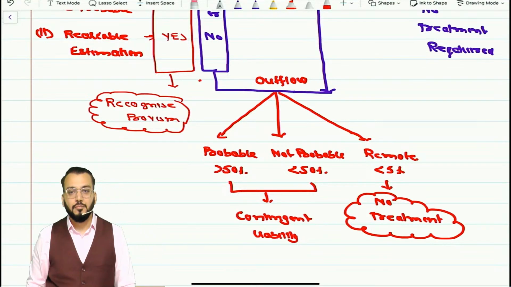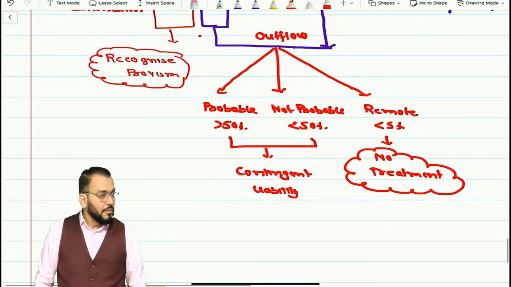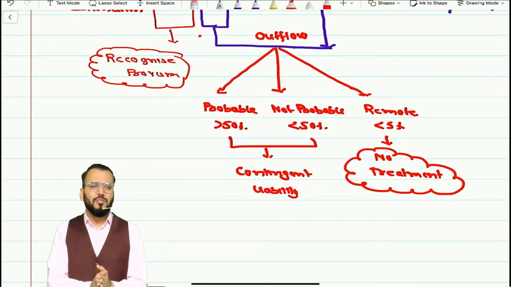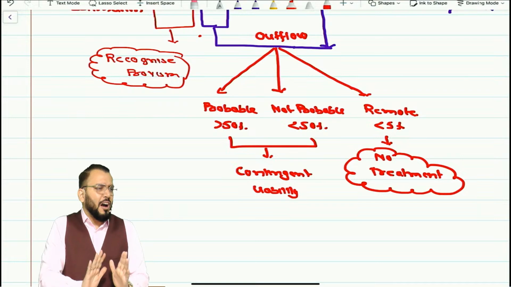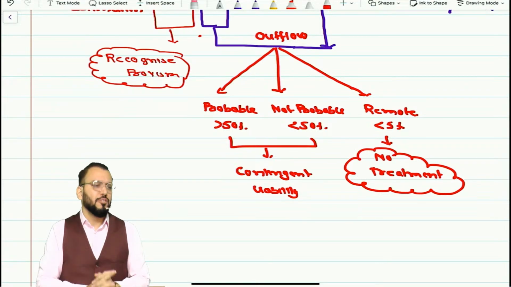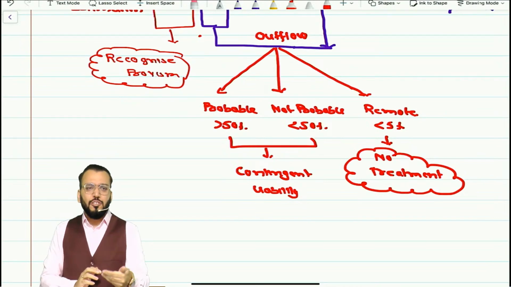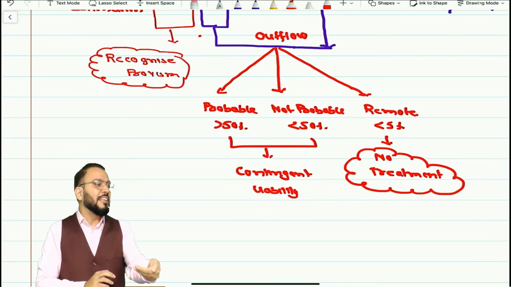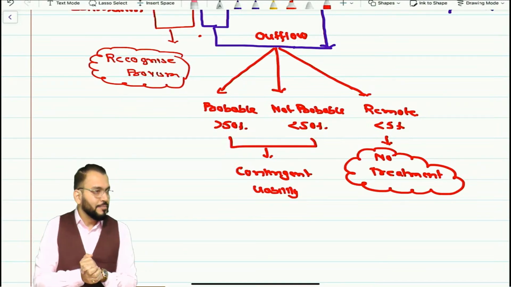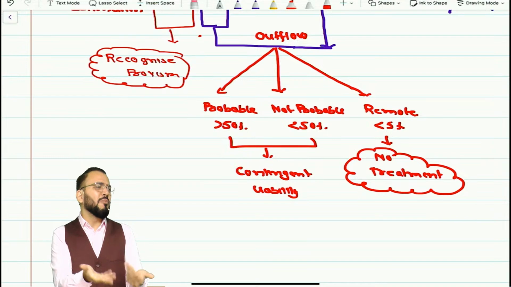Have you understood? If the question is silent, always assume outflow is probable or not probable. By our own will we will not assume outflow is remote unless it is given in the question. So if they have given it, you need to understand the emotion of the question and write as per Ind AS 37. It will be either provision or contingent liability. If nothing is given, we'll assume outflow is not remote.